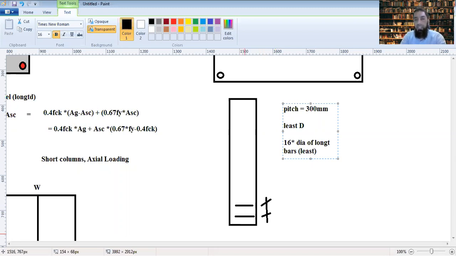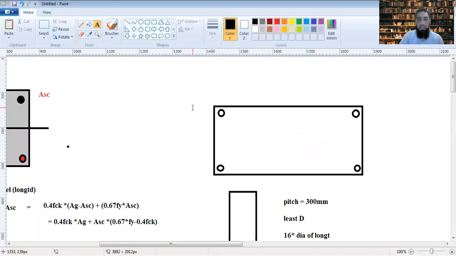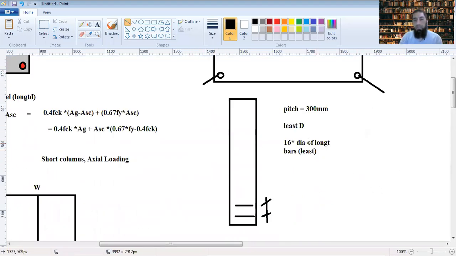It's taken from the smallest longitudinal bar. These longitudinal bars could be of different sizes. This could be 12 mm, this could be 14 mm, this could be 16, this could be 20 mm. So we take the least diameter, and 16 times that.